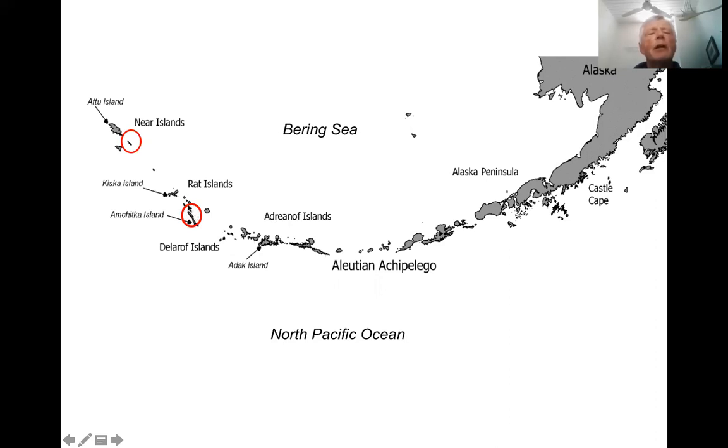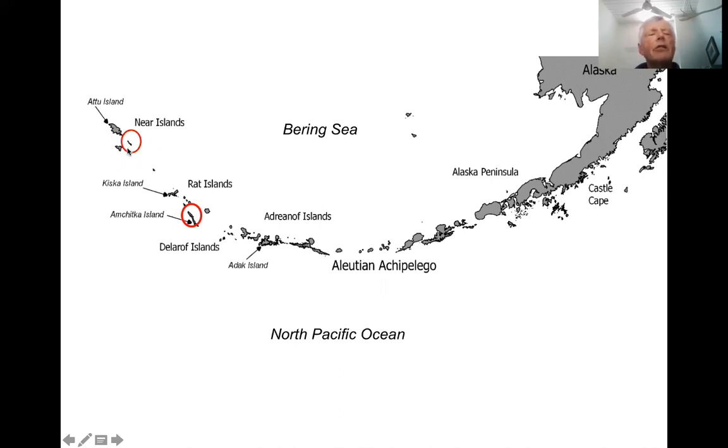So by the time I arrived on the scene, which was in 1970, they had recovered completely at Amchitka Island. There were probably somewhere in the range of 6,500 to 8,500 otters at Amchitka at that time. And over here, just a few hundred miles to the west in the Near Islands, they had been completely hunted to extinction. And in the early 1970s, there were no otters at all anywhere here.